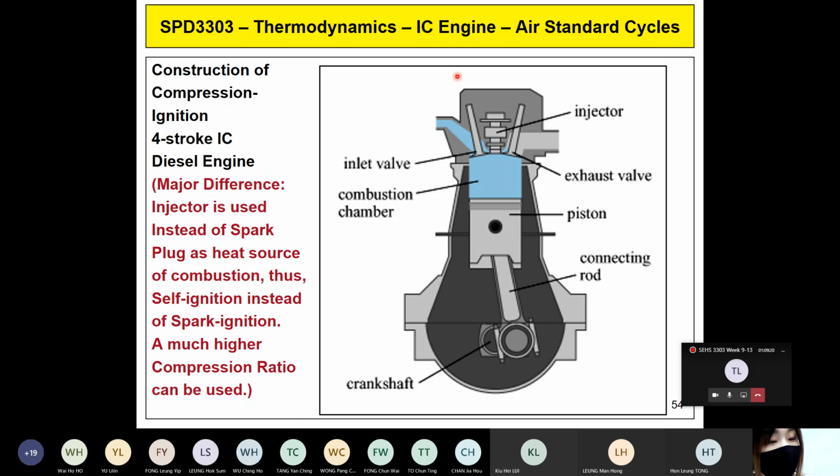The gasoline engine uses a spark as its heat source, but the diesel engine does not need a heat source. This major difference causes a much higher compression ratio for the diesel engine than for the gasoline engine.